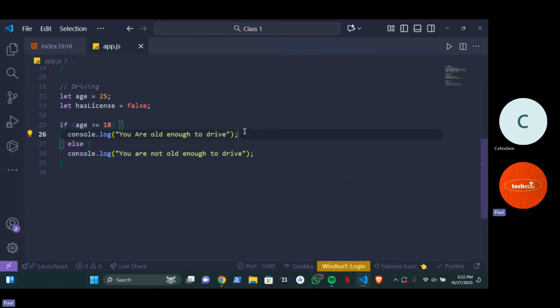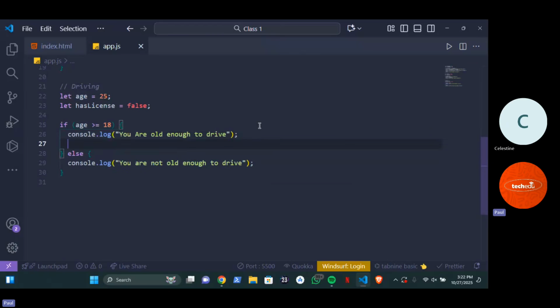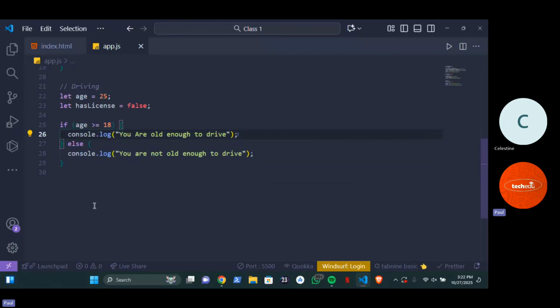Now, in this place, you now want to also check if the person has a driver's license. Alternatively, I can come out here and say, if has license, do you understand? If has license, what do I want?